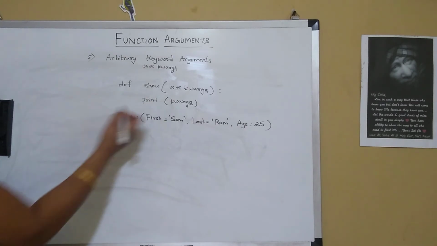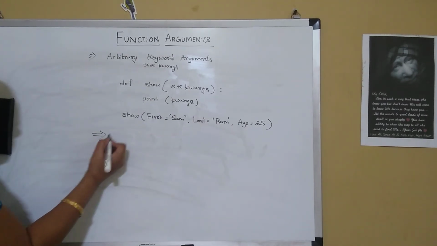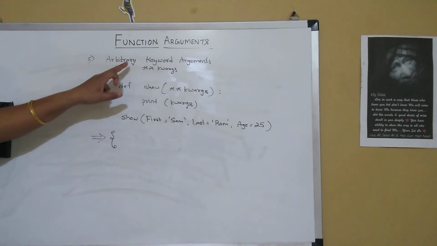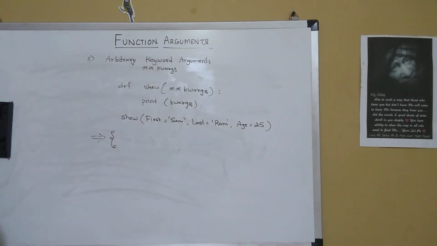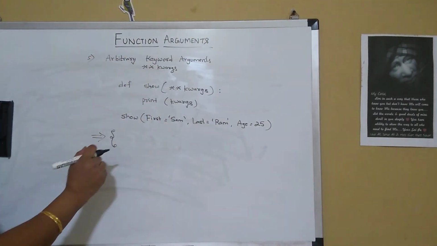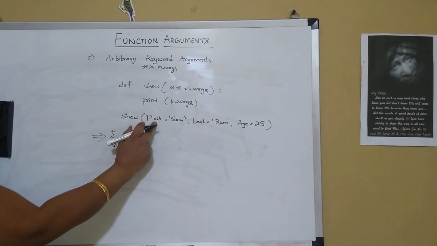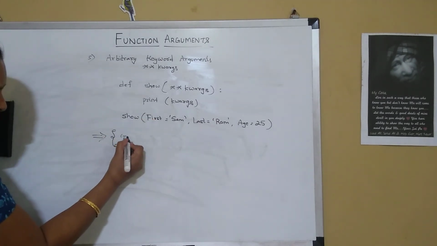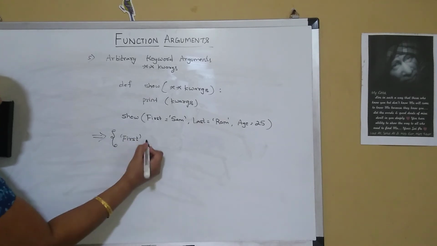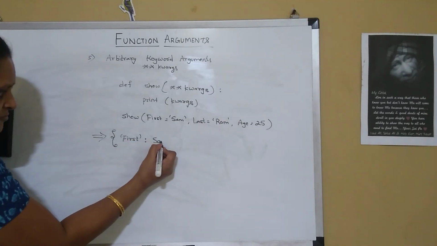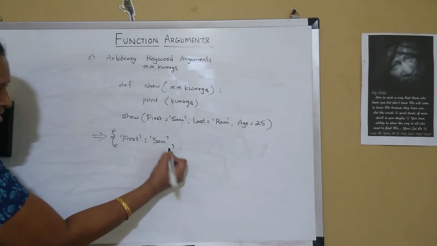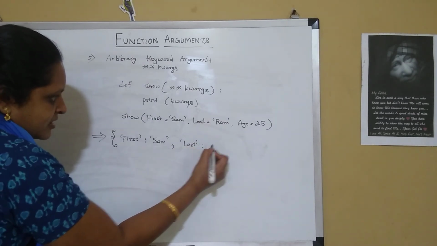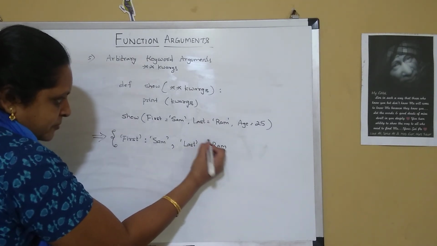So now if I print my KWARGS, it will give it in a dictionary format. Arbitrary positional arguments gave it in the tuple format. Since we are having keywords, it will print it in the dictionary format. So it will say first as the key, Sam as the value, comma, the second item. Last is the key, Ram is the value.